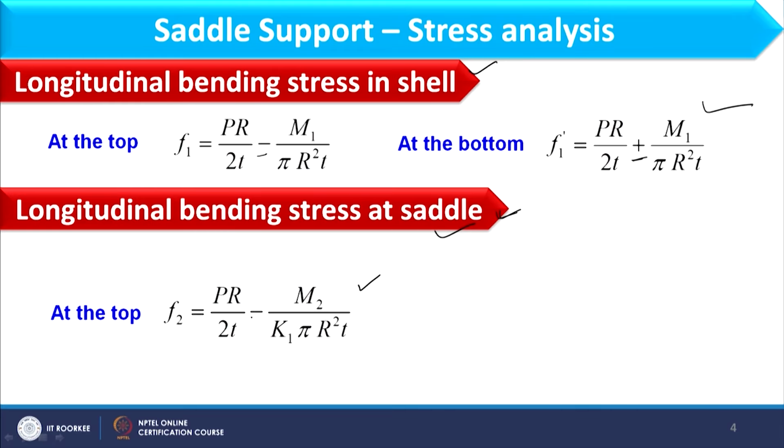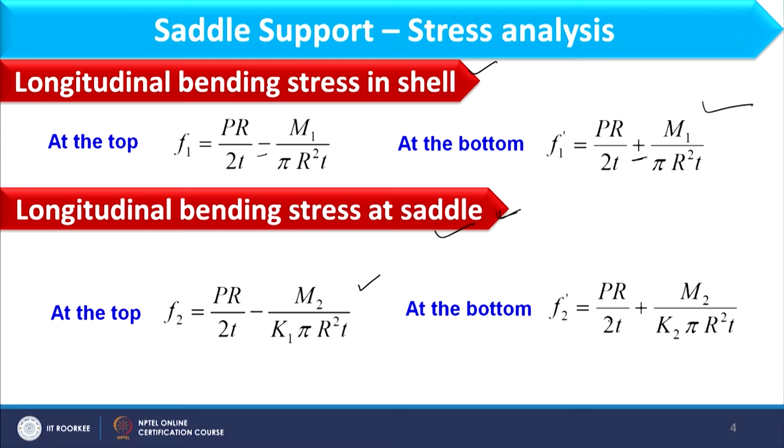So, when I am having longitudinal bending stress at the saddle, at top we compute that in terms of F2, which is equal to P r by 2t minus M2 by K1 pi r square into t, and at the bottom we have this F2 dash where I am having constant K2. This K1 and K2 are design constants which will be discussed later.